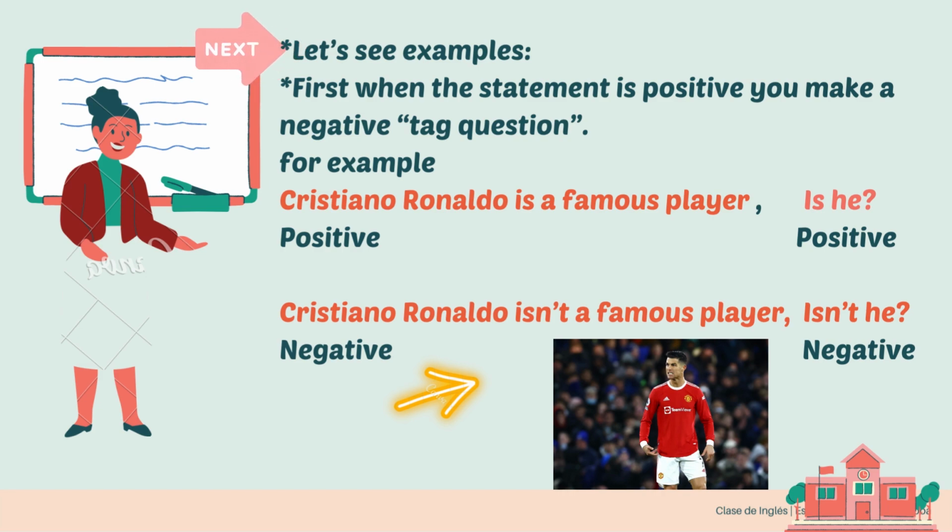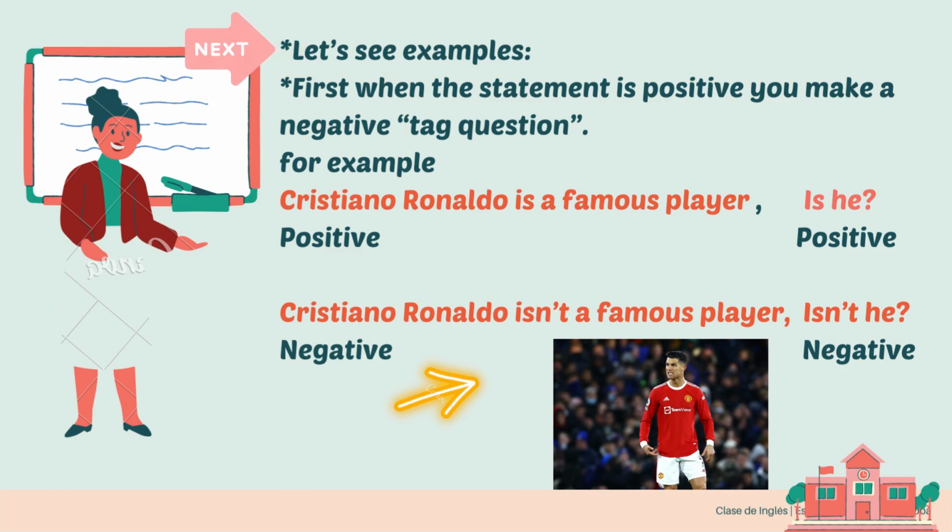So, pay attention to these sentences. Cristiano Ronaldo is a famous player is positive, right? Is he, it is also positive. But now look at these sentences. Cristiano Ronaldo isn't a famous player, is he?